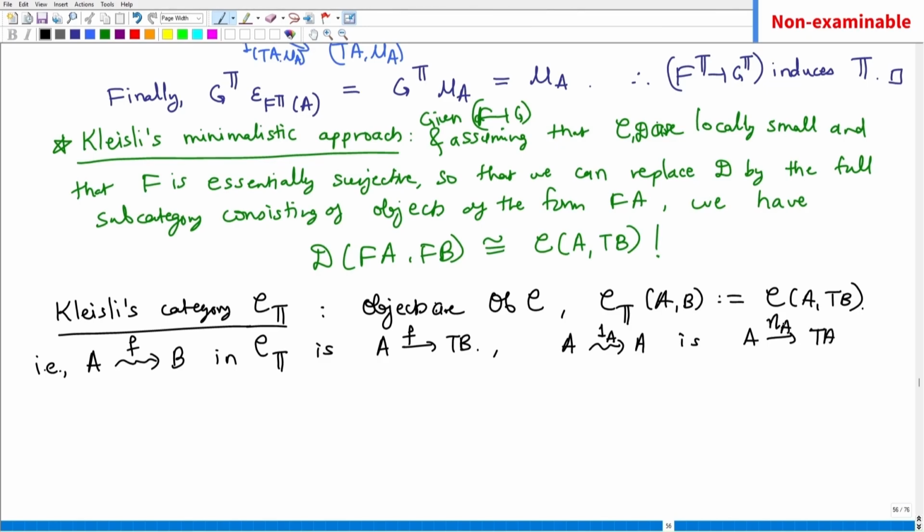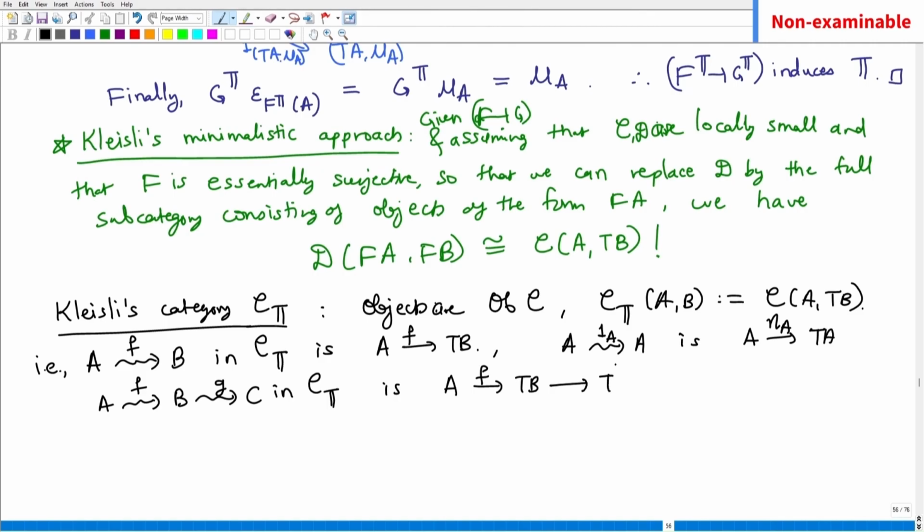Then I have to describe composition. So composition of two zigzag morphisms in C_T. Well, you obviously have a morphism from A to TB, which is F. From TB, obviously, you only know what B to C is, so you have to apply T on that.